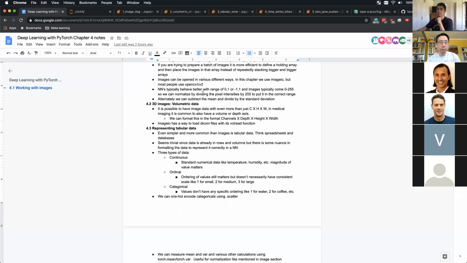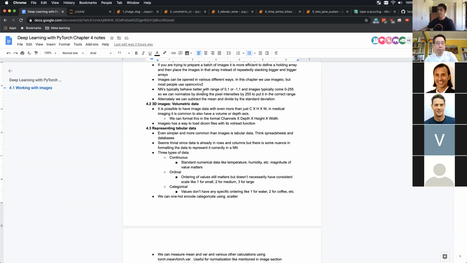They also mentioned that neural networks typically operate between 0 and 1 or -1 and 1, some bounded range. It depends on exactly what your architecture is and what the assumptions are, but those are good defaults. Images typically have values from 0 to 255 across the red, green, and blue channels. So to make it a format that's more presentable to a neural network, you typically want to divide by 255, or you can subtract the mean and divide by the standard deviation of each channel.